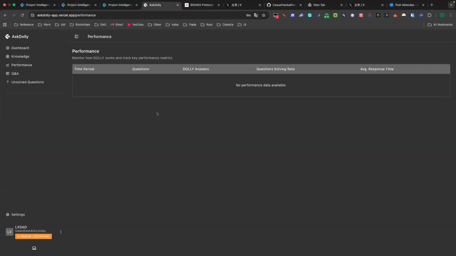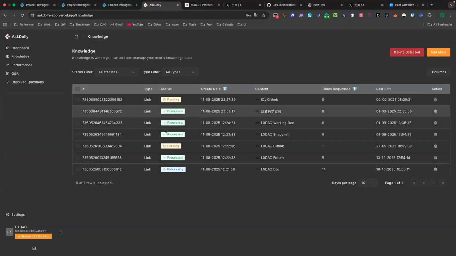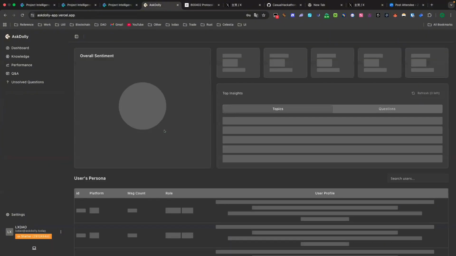You can use it to answer users' questions in Discord or Telegram. For example, you can configure your community's knowledge in our dashboard, and you can also check user profiles and community sentiment in this dashboard.